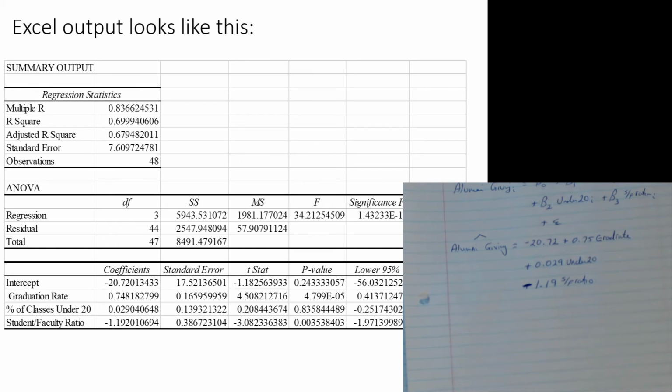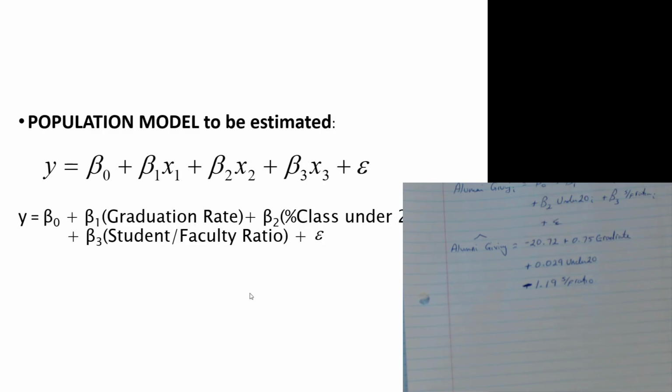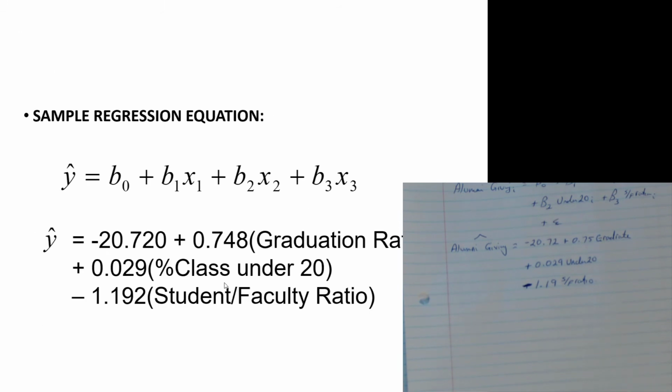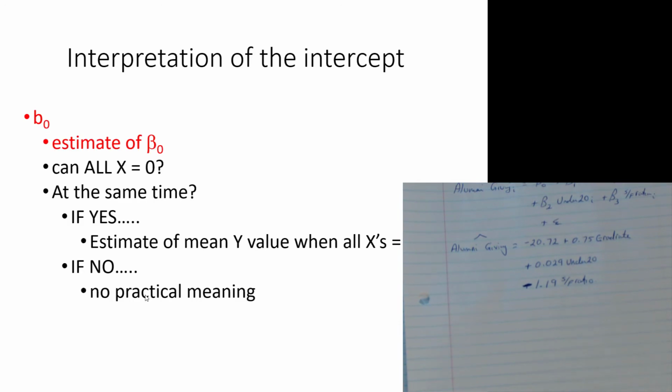Now I'm going to refresh a couple of ideas behind that interpretation, just in case there's been a block of time between you finishing a simple linear regression and looking at this. The intercept has meaning if all the x's, every single one, grad rate, under 20, student faculty ratio, are equal to 0: minus 20.72 is then the percentage of alumni giving.